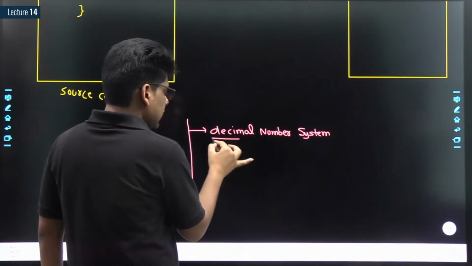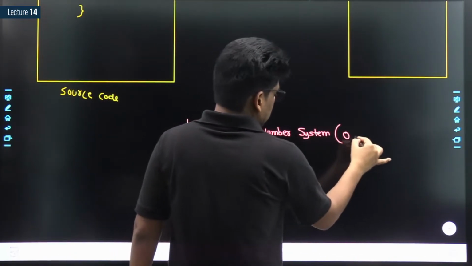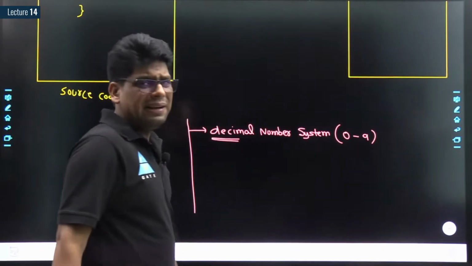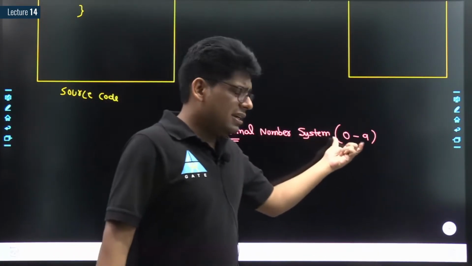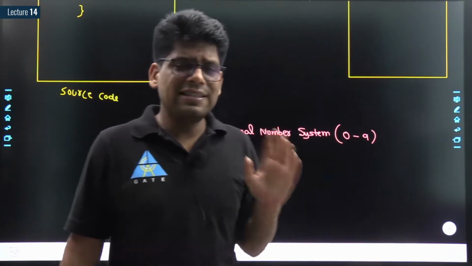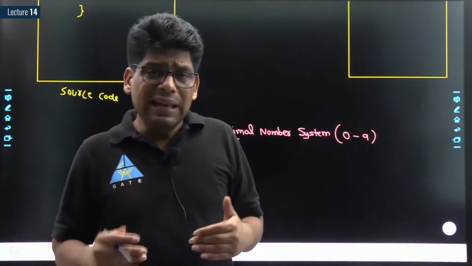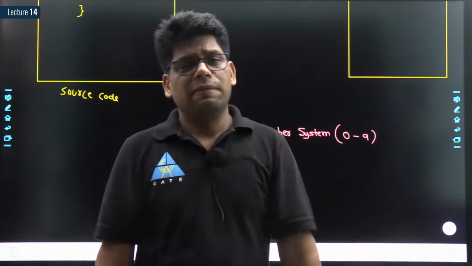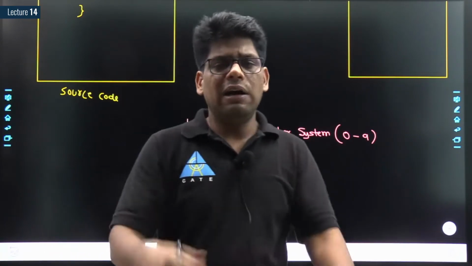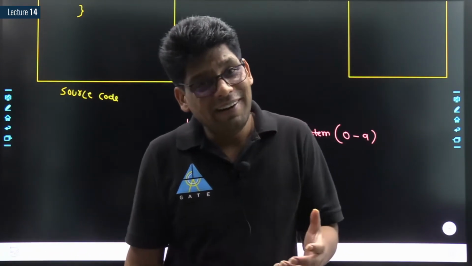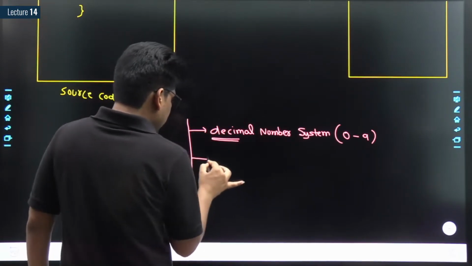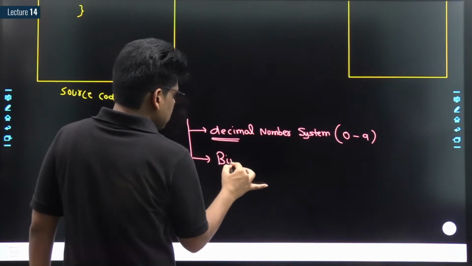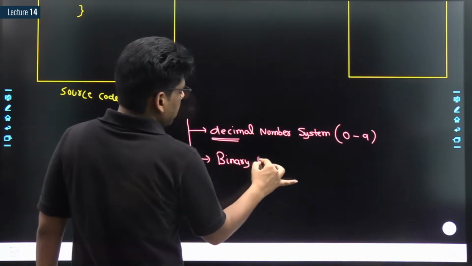Because it contains 10 symbols from 0 to 9, and every number is represented using these 10 symbols only. This is what we have studied from first class till our intermediate. Then we have something called the binary number system.